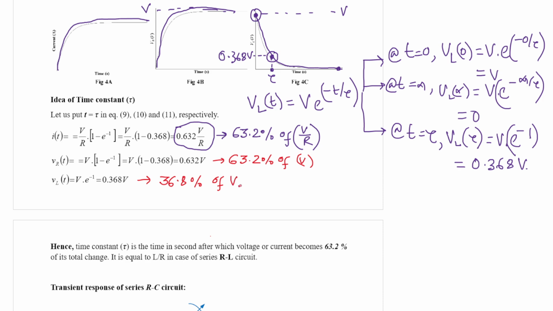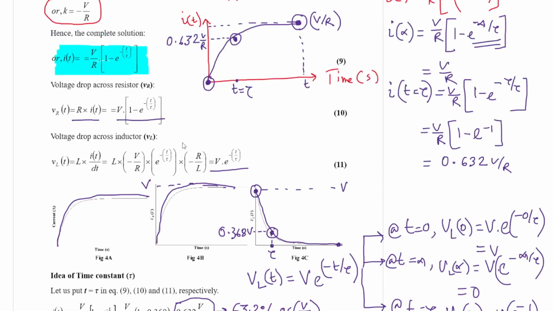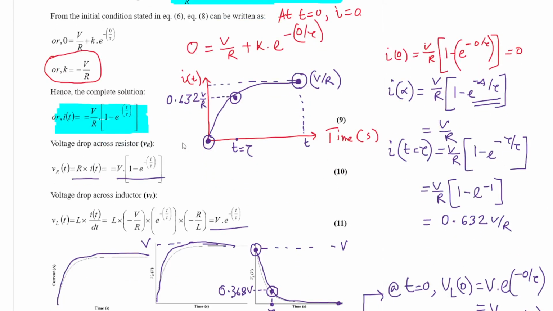Okay, now let us try to understand the significance. If you consider this curve, it starts from 0 and it reaches V by R at t equal to infinity. If you consider 0 as 0% and V by R as 100%, the total change in magnitude is 100%.